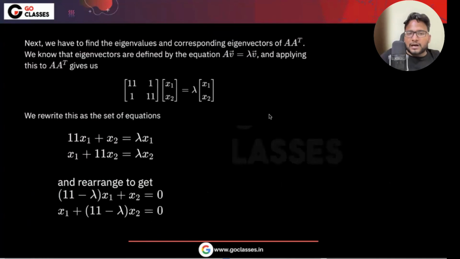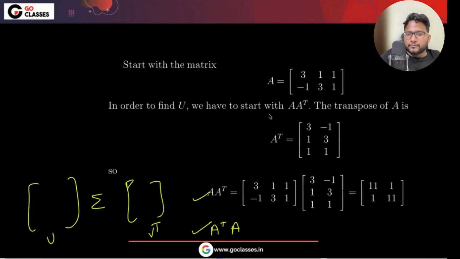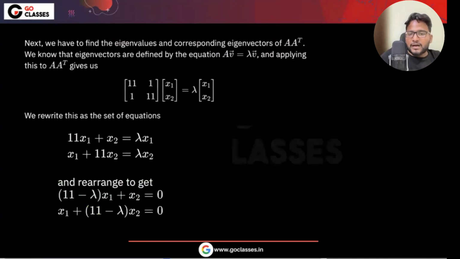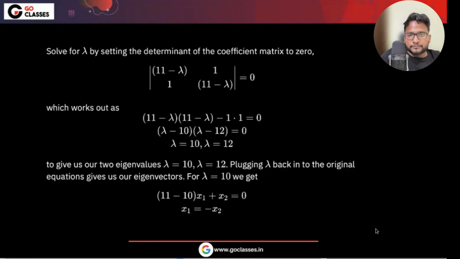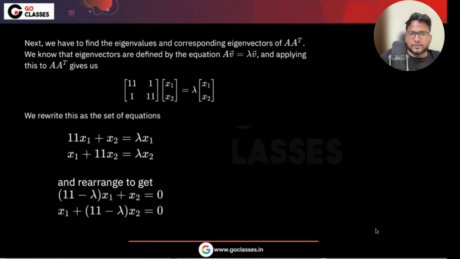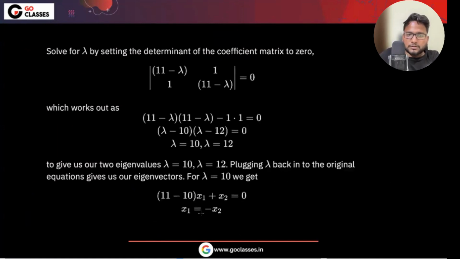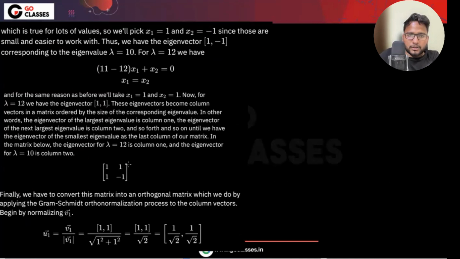So the answer is on the next page, but do you want to try? The detailed answer is there on the next page. For example, this A transpose A is this, right? I think these are the eigenvectors we are getting for A transpose A. But actually these eigenvectors are not orthonormal.